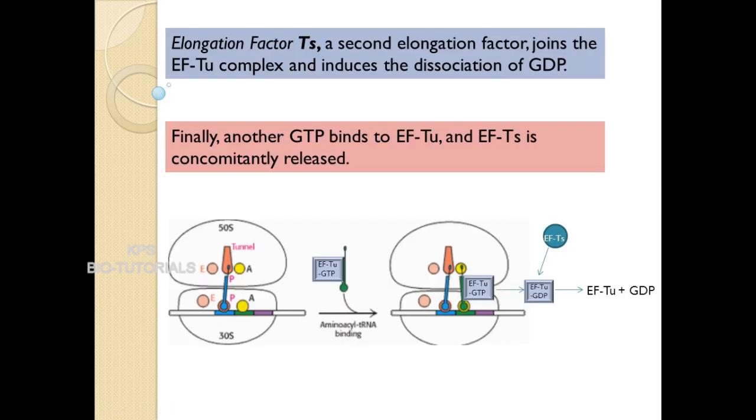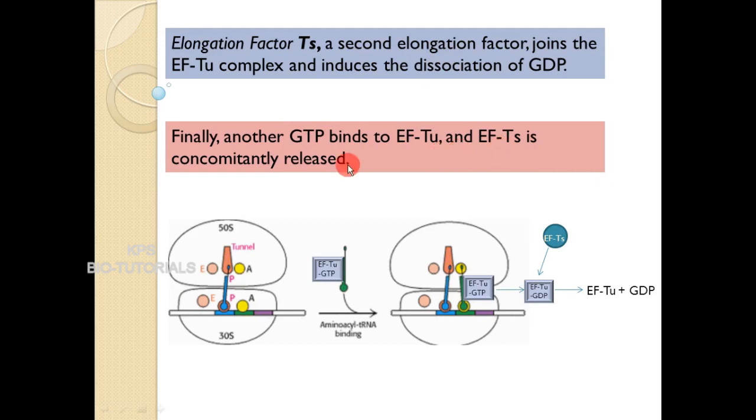Then, after the hydrolysis of GTP into GDP, the elongation factor Ts, the second elongation factor, will join with the EF-Tu complex, and thereby the GDP will be dissociated from EF-Tu. EF-Tu is then free, and another GTP can bind with EF-Tu, which can associate with another amino acid tRNA to repeat the cycle, and after that EF-Ts is also concomitantly released.